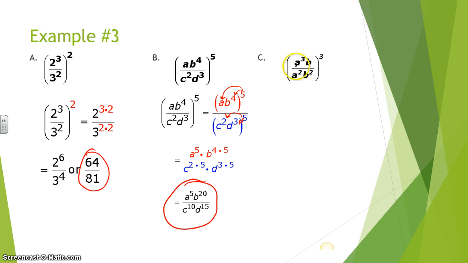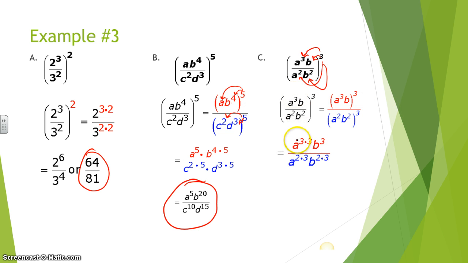For C, we have a to the third, b to the third over a squared, b squared, all cubed. We're going to distribute this 3 to the a, 3 to the b. You also distribute this 3 to this bottom, a squared, and the b squared. So here I just rewrote it out. So what I have is a to the third times 3 times b to the third over a to the second times 3 times b to the second times 3.